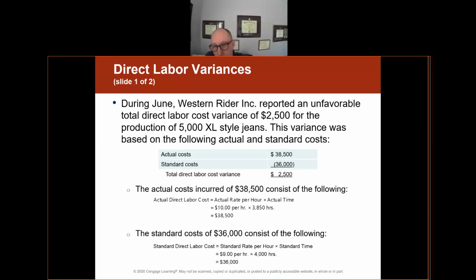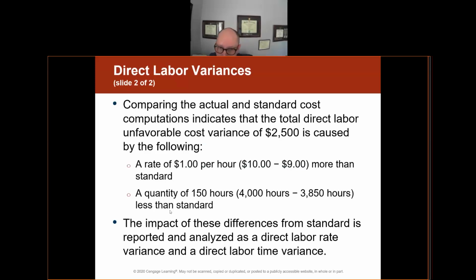Our actual rate per hour is unfavorable. We're over by $1 per hour. And our actual time used is favorable because it came under the standard. Break it down. Overall, it's still unfavorable because we ended up going over by $2,500 for labor.